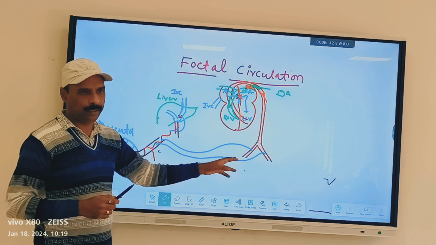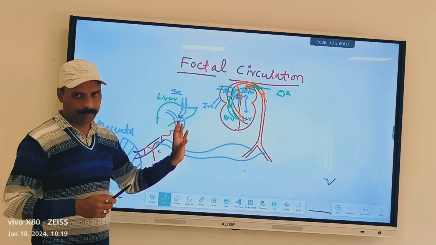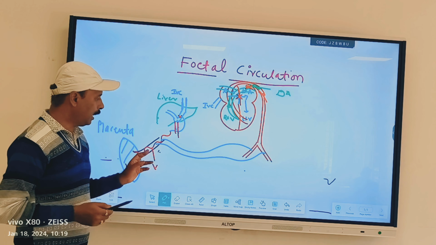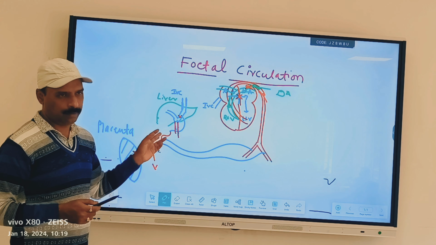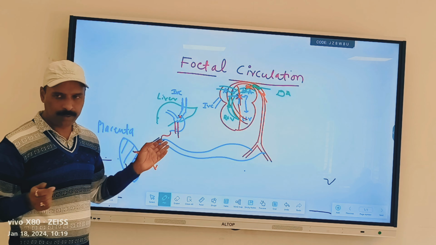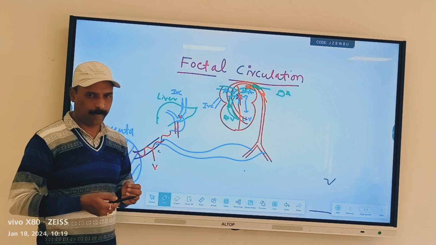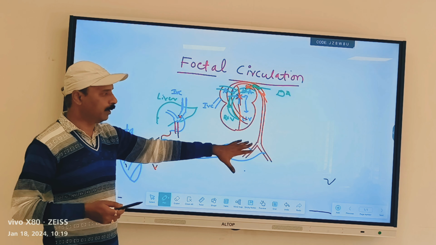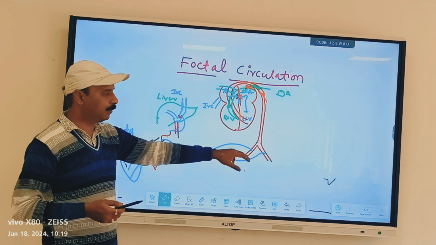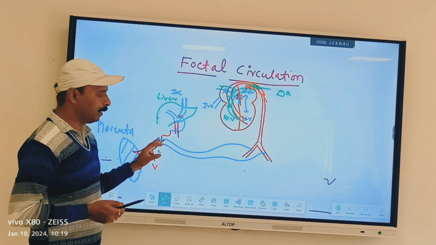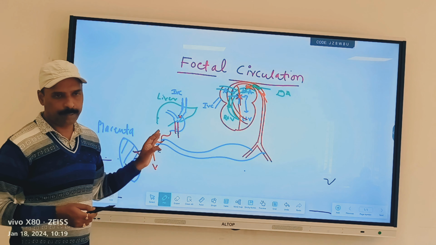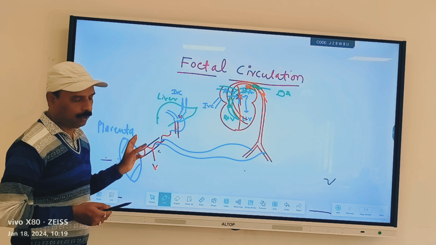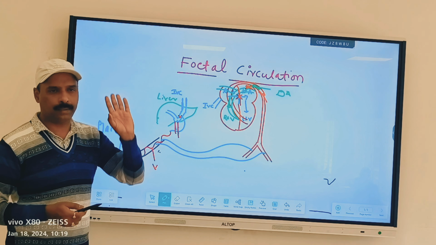Comparing with the systemic artery and vein, here I have represented the umbilical vein as red because it carries the mother's oxygenated blood, while the umbilical artery carries only some deoxygenated blood directly from the aorta. The umbilical artery reaches the umbilical cord, then the placenta and the mother's circulation.